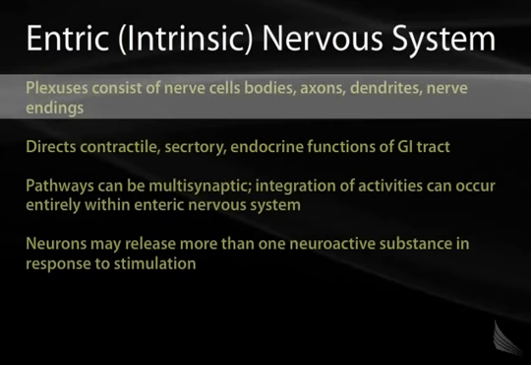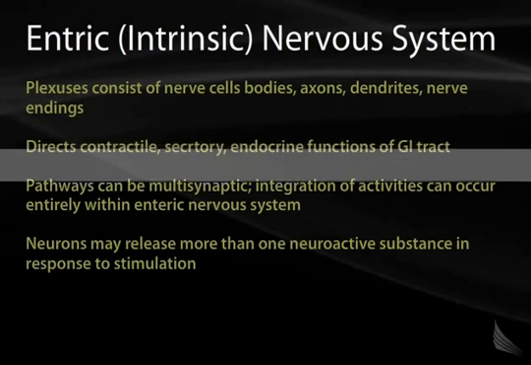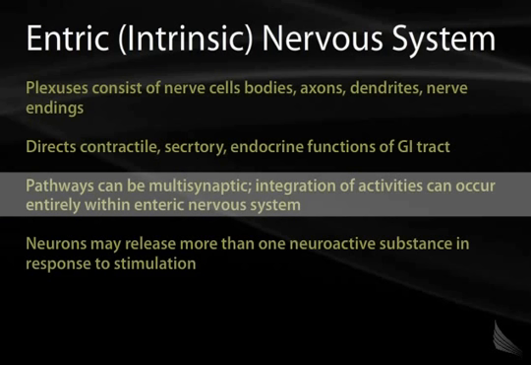The intrinsic or enteric nervous system has plexuses which consist of nerve bodies, axons, dendrites, and nerve endings. They direct contractile, secretory, and endocrine functions of the GI tract. Therefore, as has been explained earlier, they are capable of directing all functions of the GI tract. The pathways can be multisynaptic, as shown in the previous diagram, and integration of these activities can occur entirely within this intrinsic nervous system.